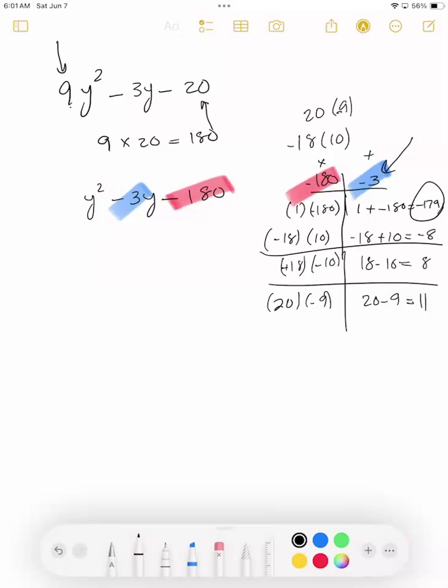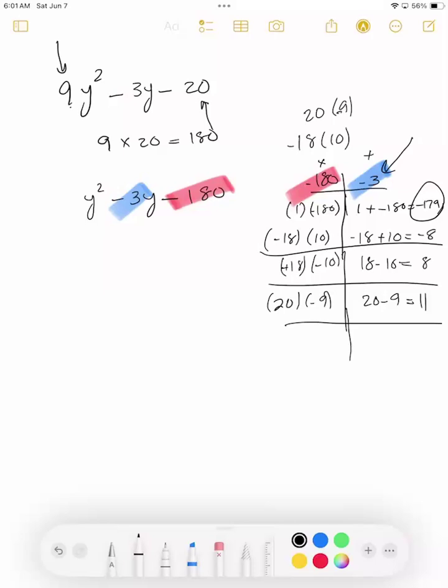What else for 180? 20, 30, and 6. To get 180 and negative 3, the two numbers have to be super close to each other.